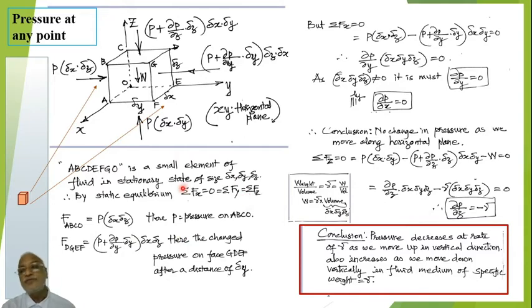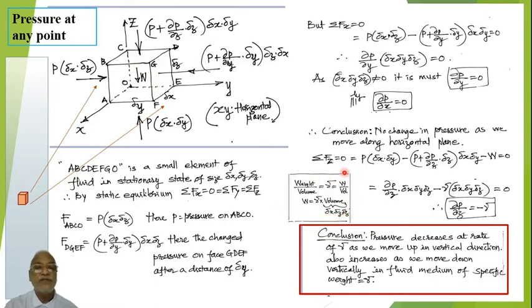Now one more piece of information that you should know is that the weight per unit volume is gamma. So weight will be calculated as gamma multiplied by volume, and in this case the volume is delta x, delta y, delta z. Because of that, the weight of the fluid in this particular cuboid is gamma multiplied by delta x, delta y, delta z.